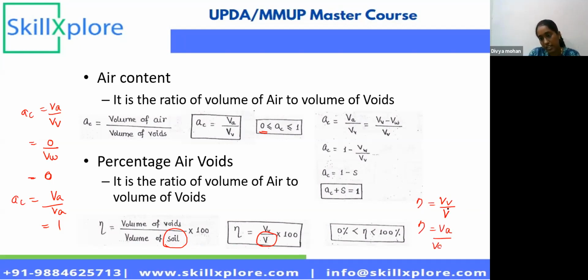For a fully saturated soil, VA will be equal to 0. So it can take a value of 0%, and it will be less than 100%.